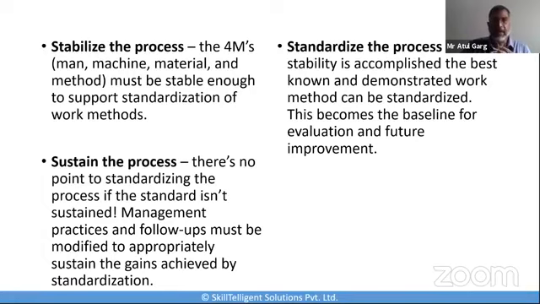In lean manufacturing, the implementation of process stability, standardization, and improvement practices on the shop floor become much more tightly integrated than what everybody traditionally assumes. People assume that I can stabilize the process independently, I can do the improvements in one area and then continue to work on the other area without stability, but that doesn't happen in reality. So on the shop floor, these 3 things, stabilization, standardization, and sustenance, are very tightly integrated in lean manufacturing.